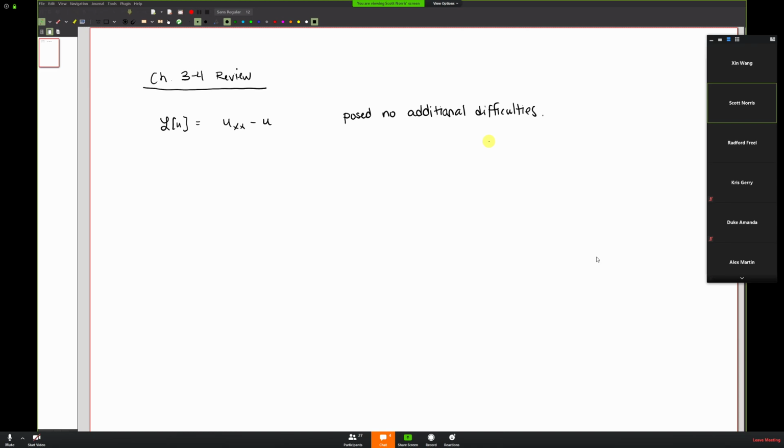Okay, and we can take all the methods that we developed in chapter 2 and apply it to this problem, to a problem with this operator. And we didn't run into any problems. It all just worked perfectly.